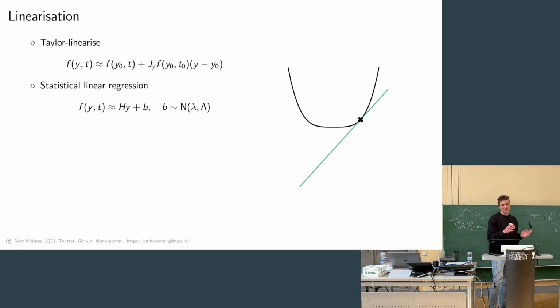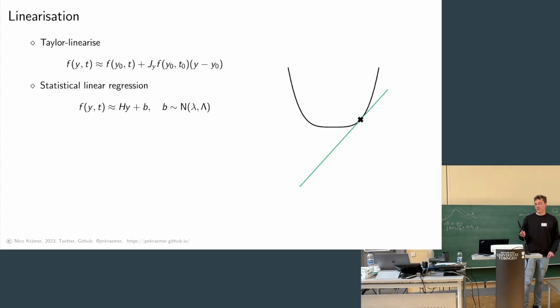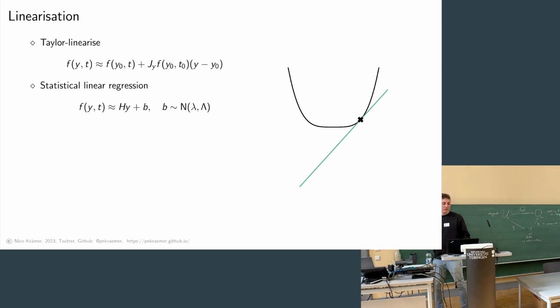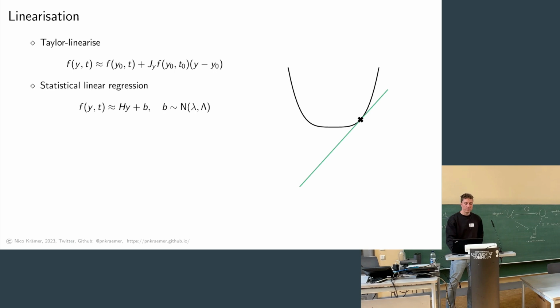Instead of just linearizing around some state, we can basically linearize around the whole distribution, and that is then called statistical linearization or statistical linear regression. And it also yields an affine transformation of some state. It's just that the bias here is a Gaussian random variable with a mean and a covariance.